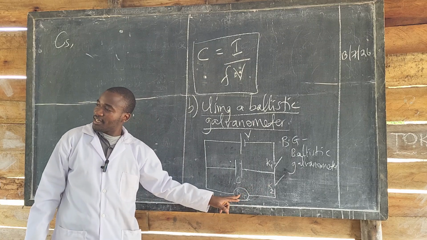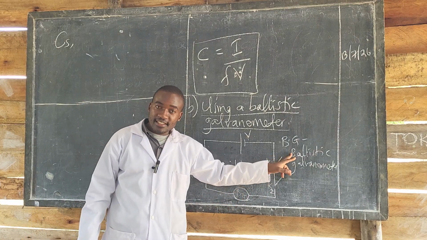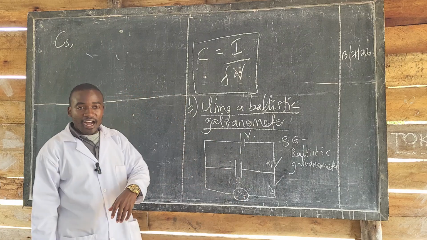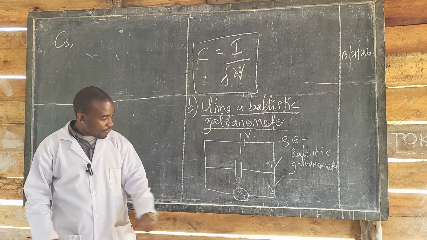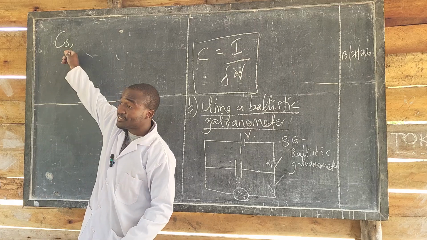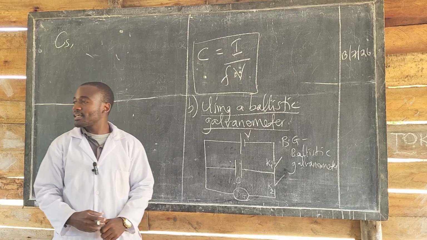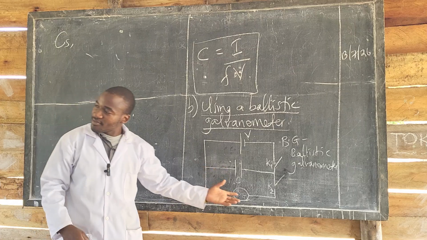Then you determine the deflection of the big E, which I'm calling the ballistic galvanometer. Then after you have the deflection and the capacitance of the standard one, C subscript S, you remove it and put in the one whose capacitance you want to determine. Then you do the same thing.